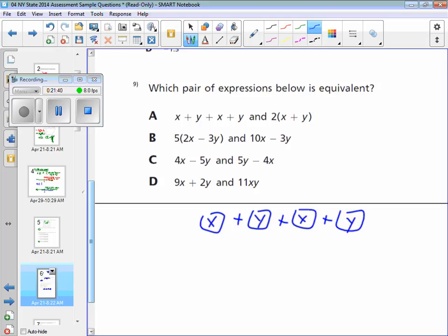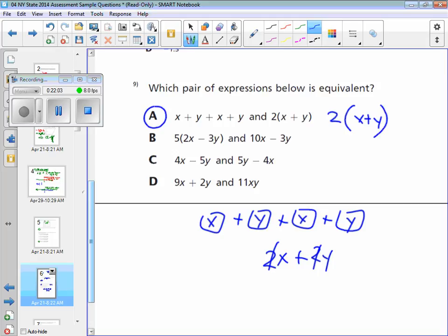How many X's do I have? 2X. How many Y's? And then remember we factored out the common factor. If I take the 2 out, the 2 is outside the parentheses. X plus Y. The answer is A.